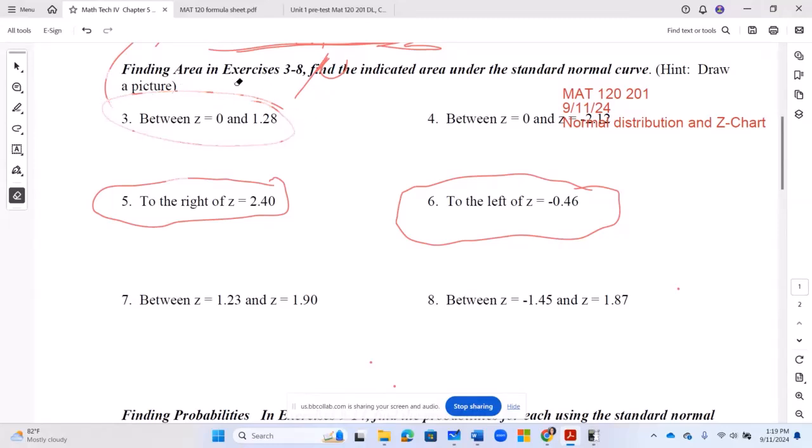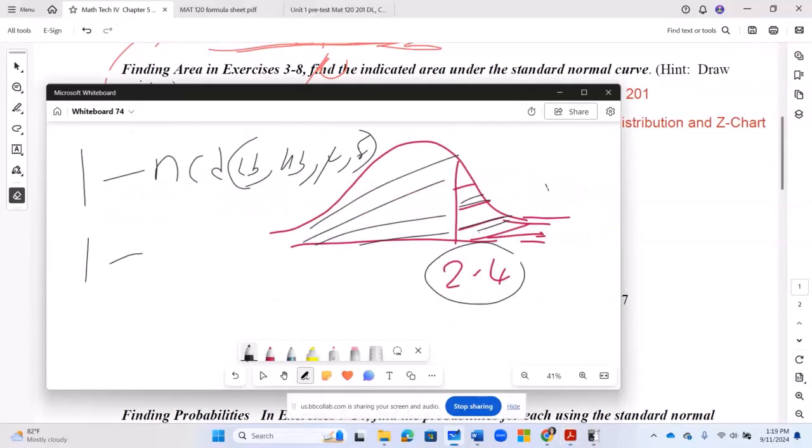All right, so if I'm reading area between, that one is easy. What I'm going to do is find the z-chart of 1.28.